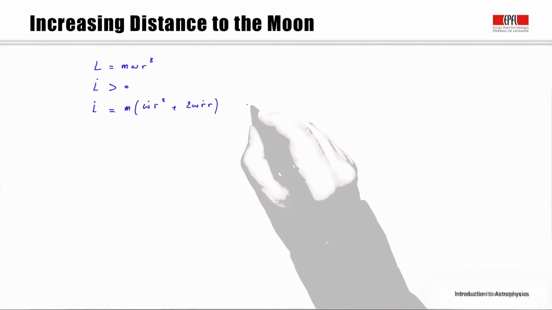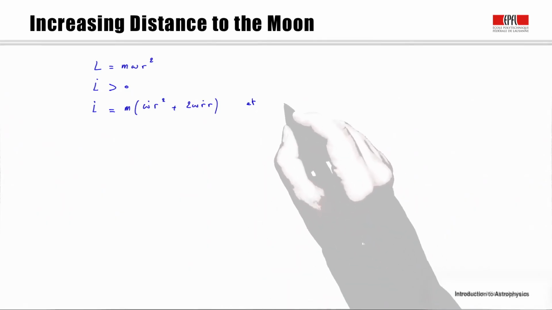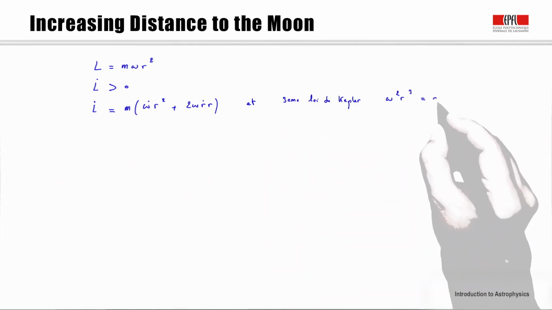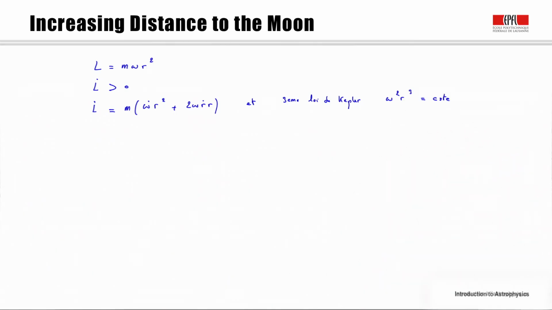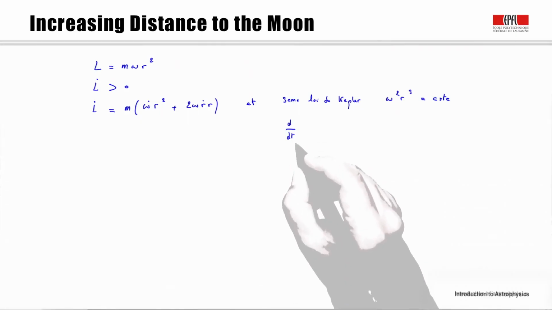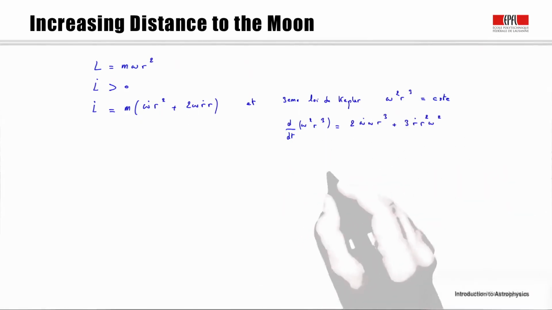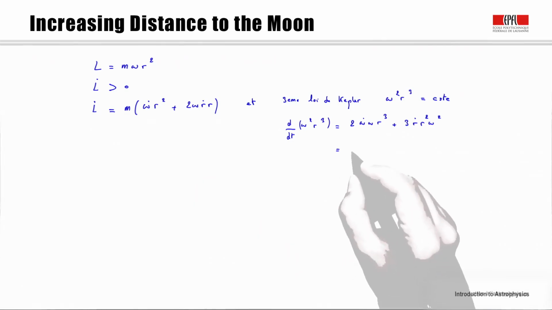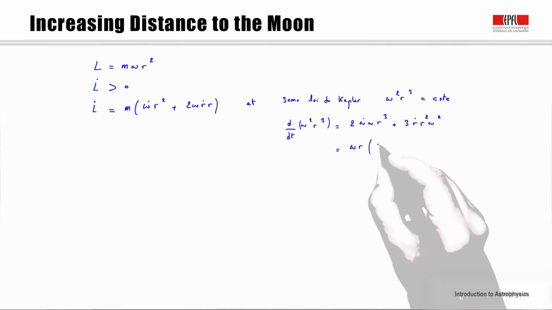Now, using Kepler's laws, particularly the third law, one can write that angular velocity square times r to the third is equal to a constant. Computing the time derivative, which is 0, and factorizing this expression, leads to an ω r term here.